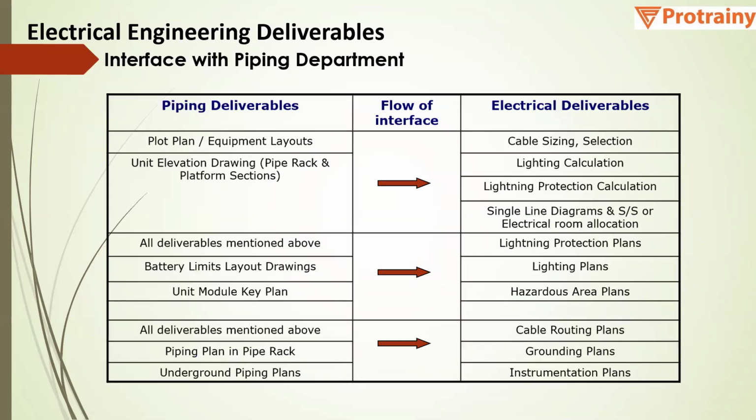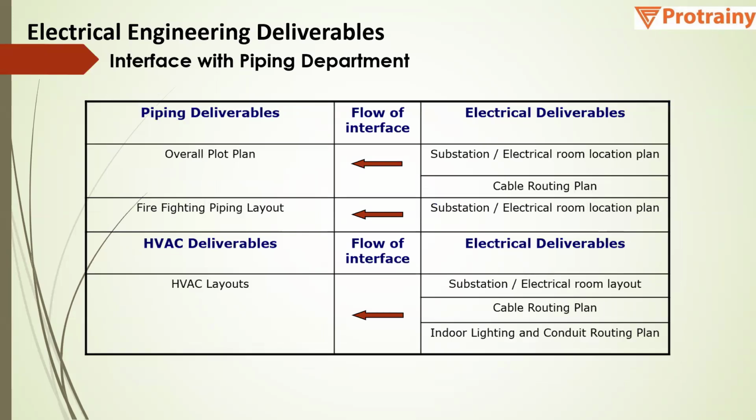Then moving to the piping and electrical interface. Based on the plot plan and equipment layout, we will have the cable layout, lightning protection calculation, single line diagram, electrical room layouts, and cable sizing calculation.